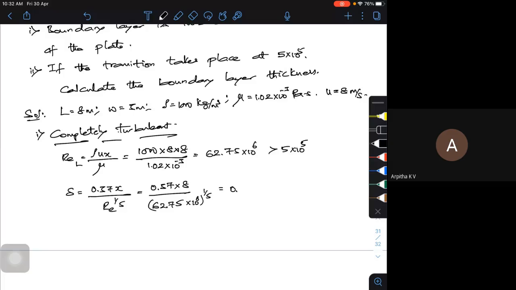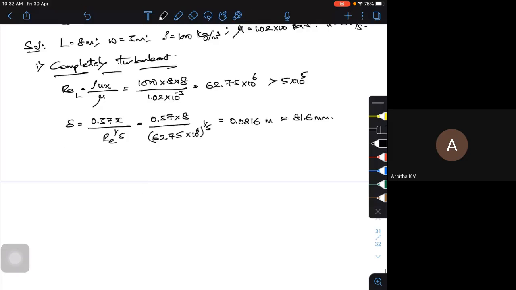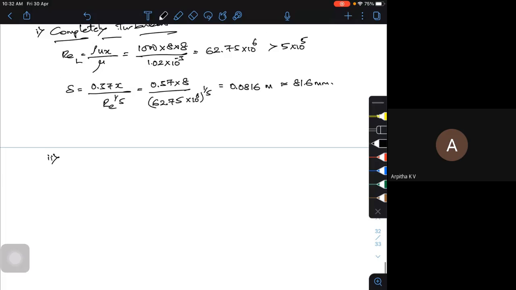Now for the second case, I need to find the laminar part as well as the turbulent part. First, I need to find the critical length. Re critical is equal to rho U x critical divided by mu.